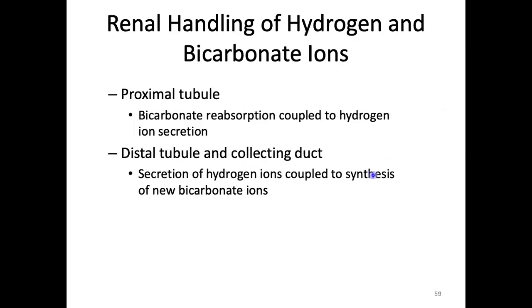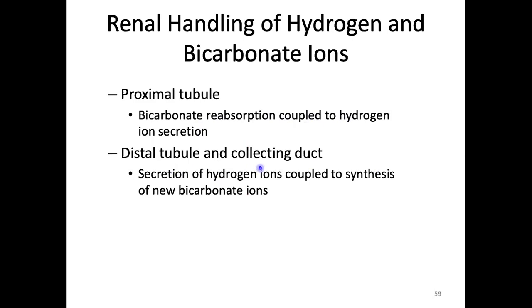How do we handle hydrogen and bicarbonate? The proximal convoluted tubule is where bicarbonate is reabsorbed and you kick out protons, okay? So hydrogen ion, you can put proton there. Bicarbonate is going to act as a buffer, so you reabsorb that back into the bloodstream, and protons are going to get kicked out.